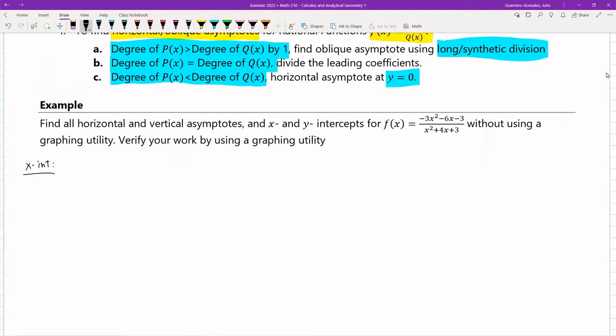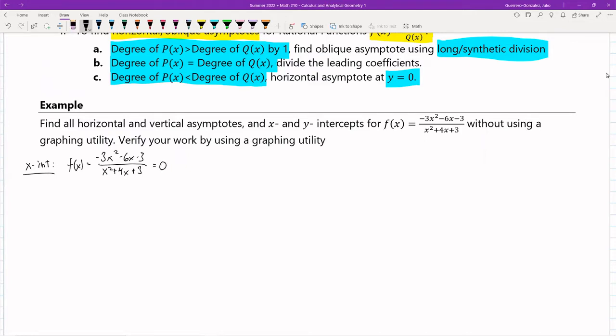If you remember, for x-intercepts, we want y equal to 0, and then solve for x. So that means my f of x, negative 3x squared minus 6x minus 3 all over x squared plus 4x plus 3, has to all equal 0.